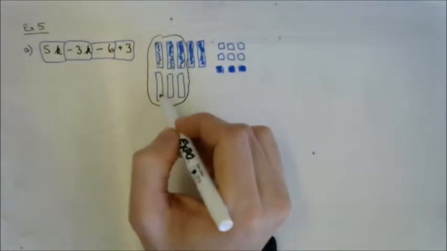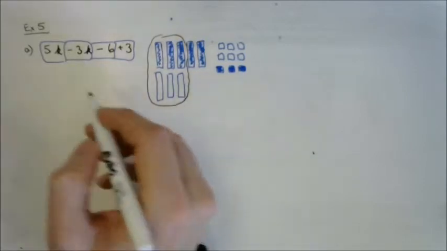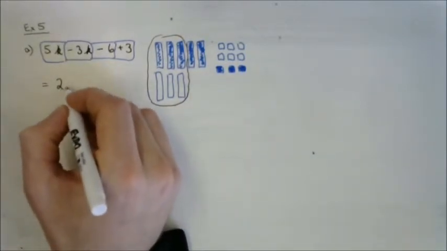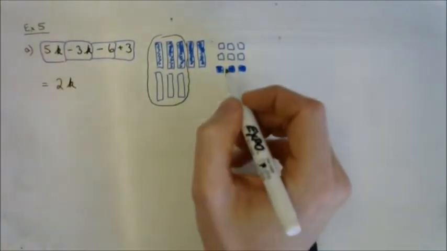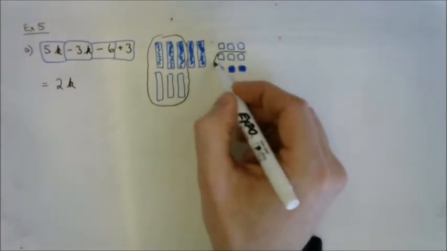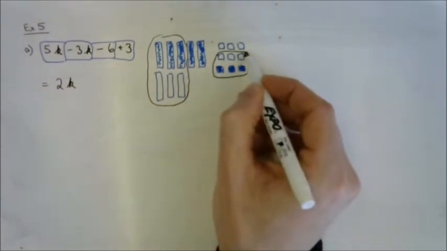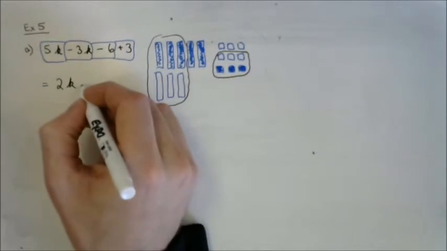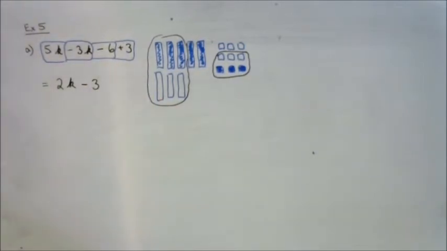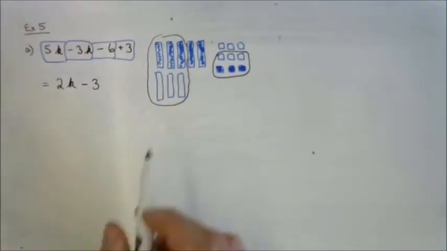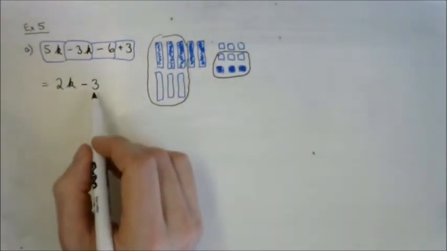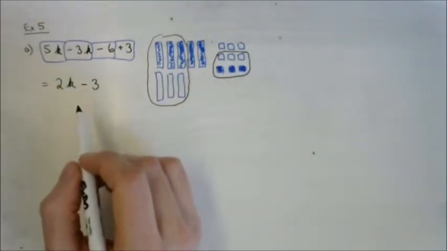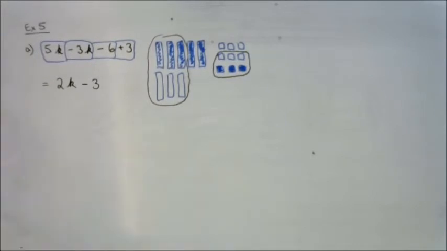Positive 3 and negative 3, that's 0, leaving us with 2k. And over here in the unit tiles, we've got 3 positives, so we'll take away 3 negatives, leaving us with negative 3. Remember, that's the constant over here. So it's just -3. You don't have to say anything else. You don't have to say 3 units or 3 ones.